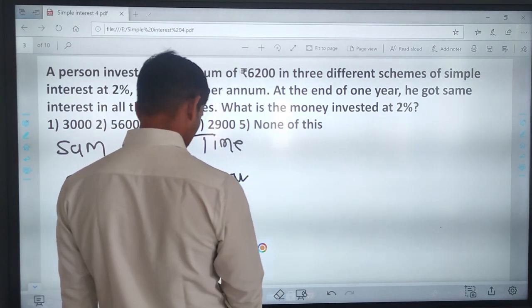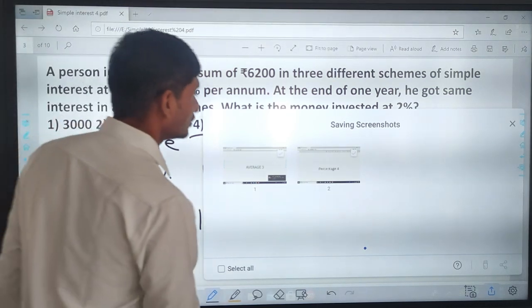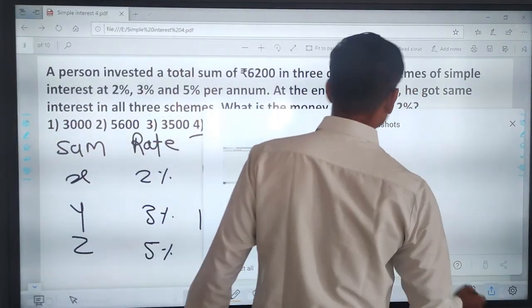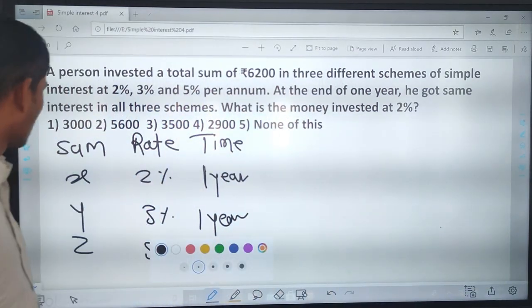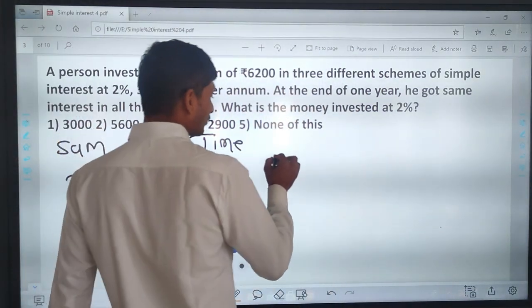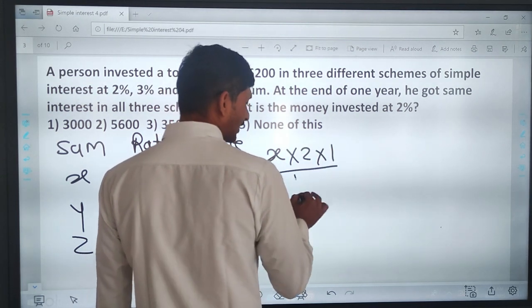Then we write here: interest on sum x is equal to interest on sum y, which is equal to interest on sum z. Now here we write x into 2 into 1 year divided by 100.